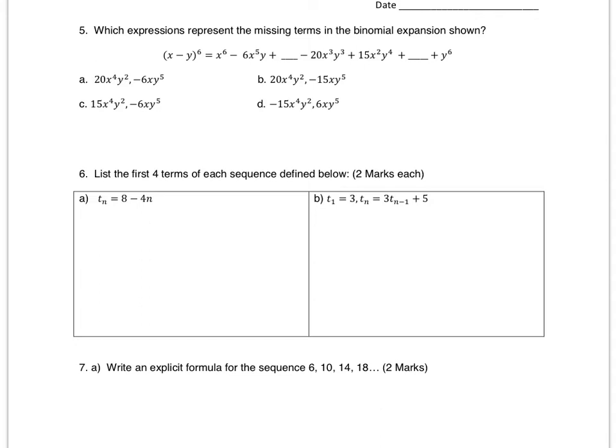The next question says, which expressions represent the missing terms in the binomial expansion of (x minus y) exponent 6? The ones that we have to find are this term and this term. Since we know that the exponent is 6, we have to use Pascal's triangle. I'm going to expand this until I get to 7 terms.